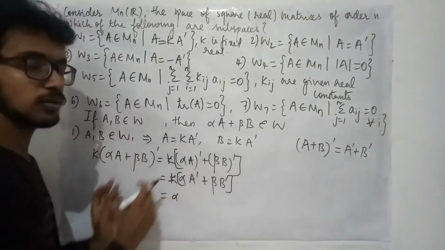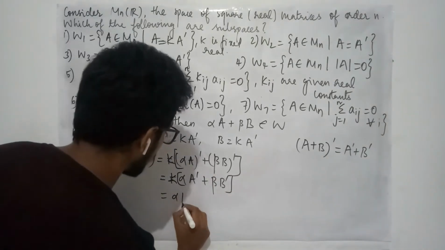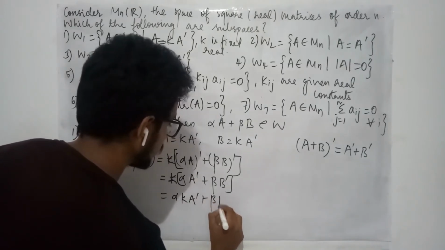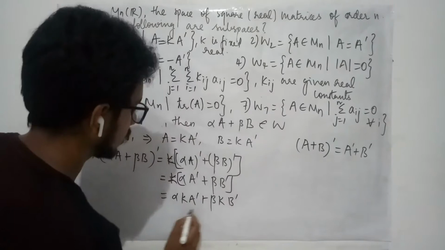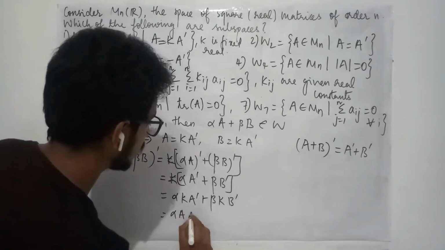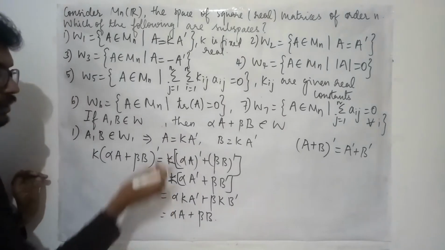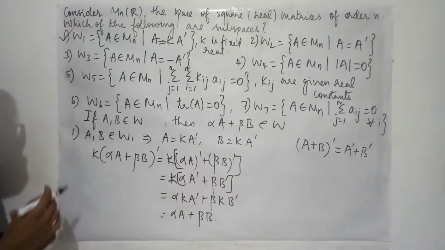This K is a scalar, so it can be taken inside. So it is going to be alpha times K A transpose plus beta times K B transpose. This is nothing but A, and this is nothing but B. So we have proved the required thing, therefore it is a subspace.